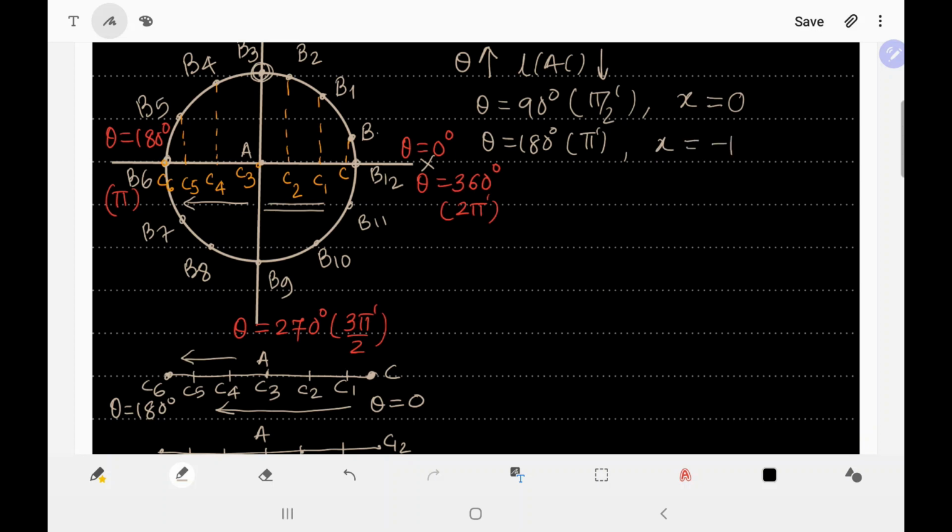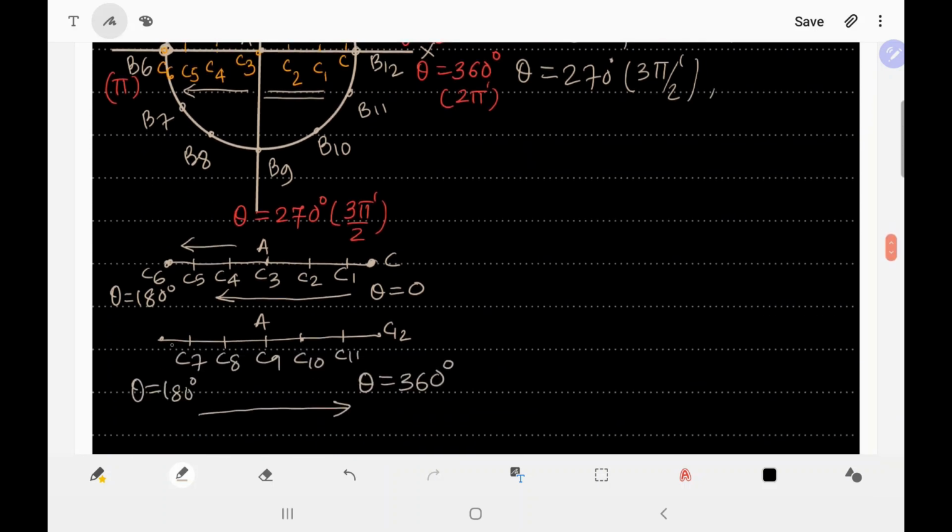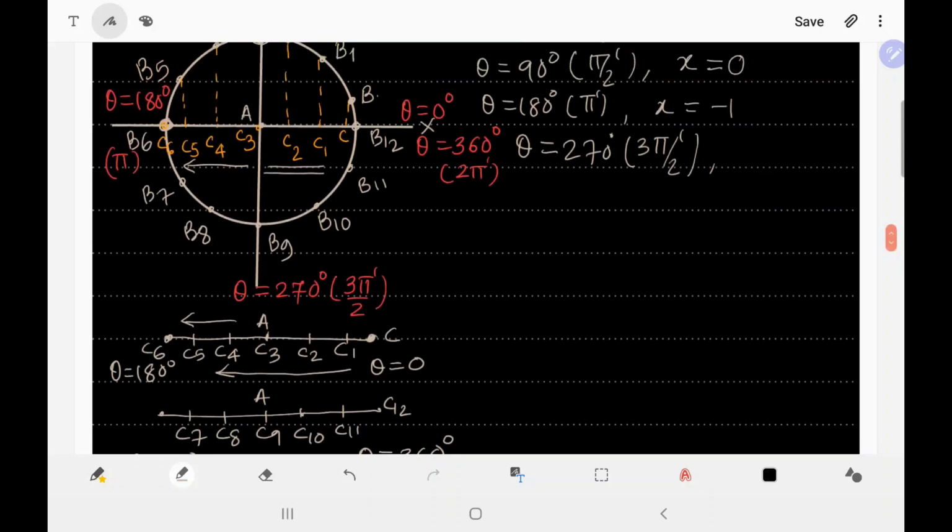At this position, the point B is lying on negative x-axis. Now as theta increases and becomes 270 degrees, that is 3 pi by 2 radians, we can observe that the x coordinate again starts reducing as point C starts moving closer to point A. Length of AC reduces. At theta equal to 270 degrees, x again becomes 0.